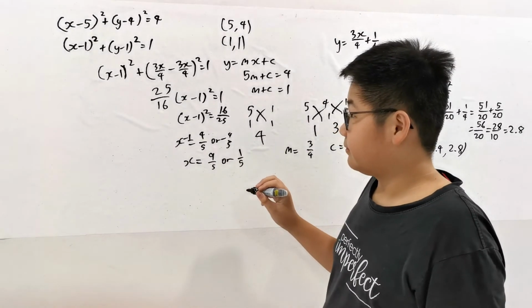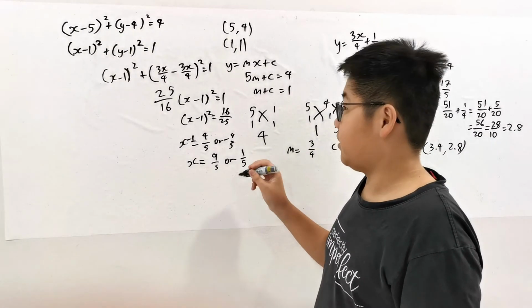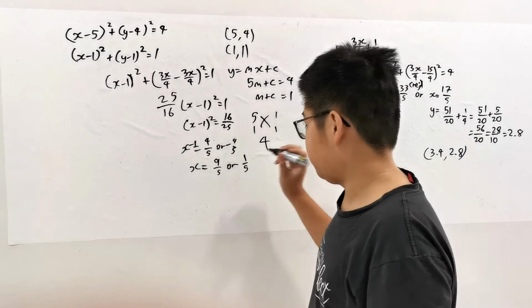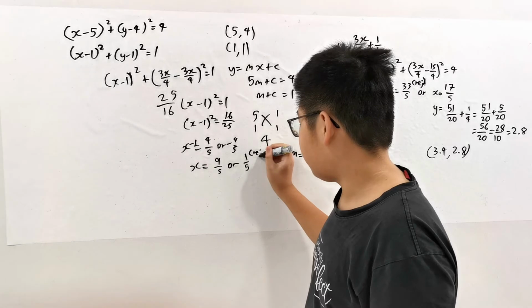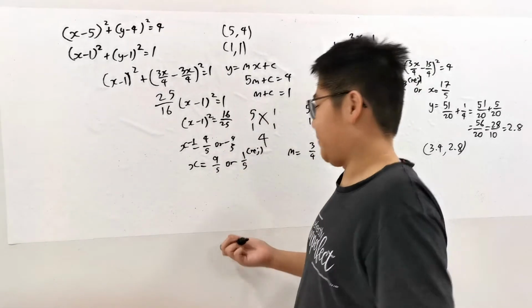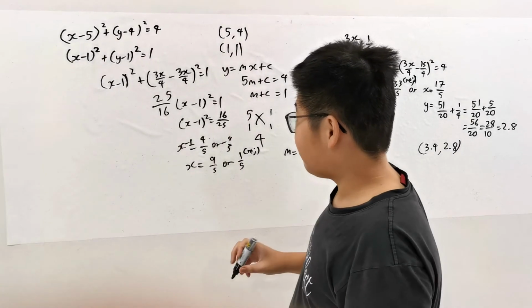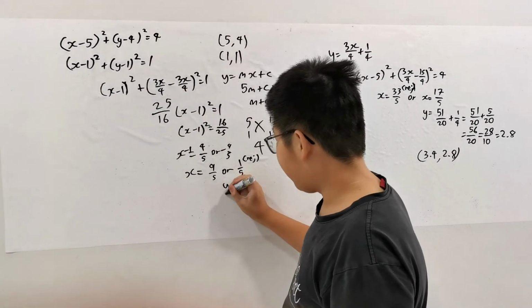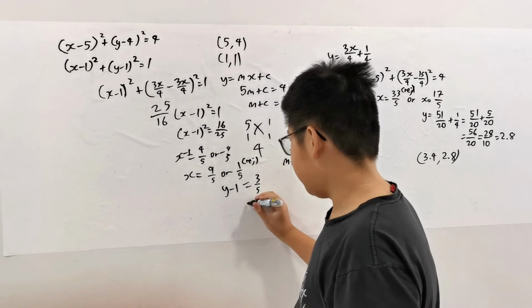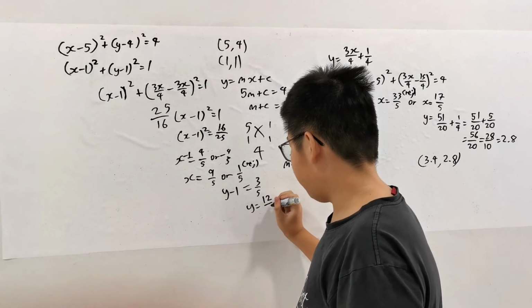Obviously, this will certainly not work. x is 9 over 5. Actually, it will. It also works when x is 1 over 5, but since this is out of bounds because it's actually the maximum, why don't we just find y? So, y minus 1 equals 3 over 5 equivalently, and y equals 12 over 5.